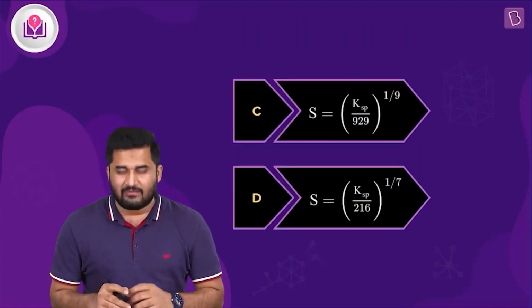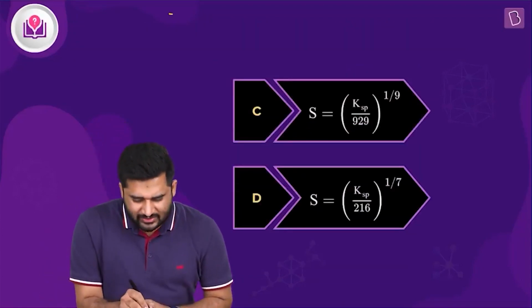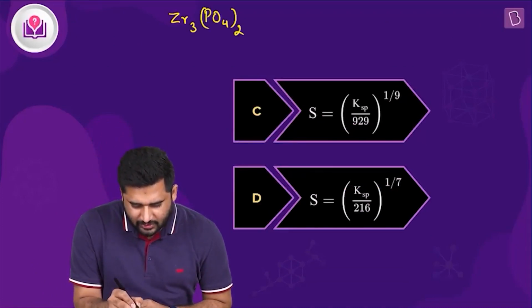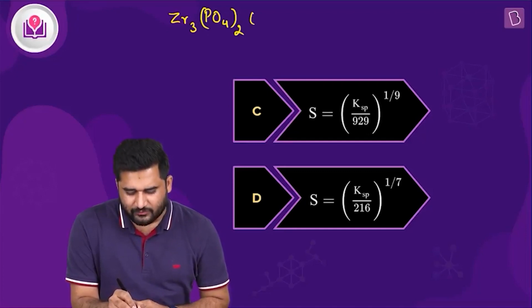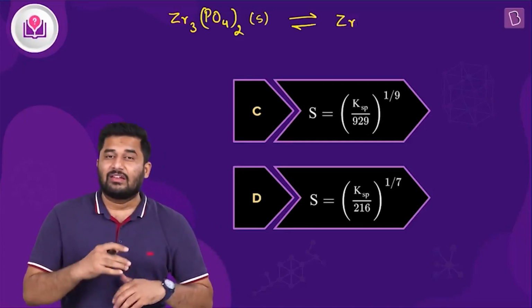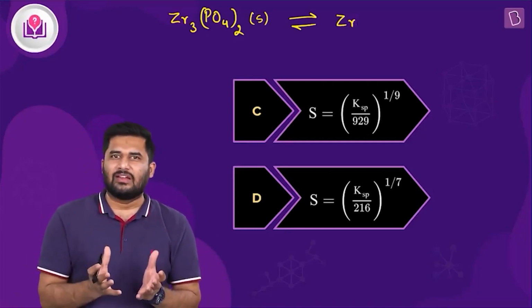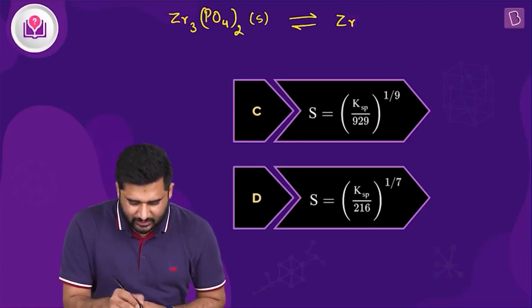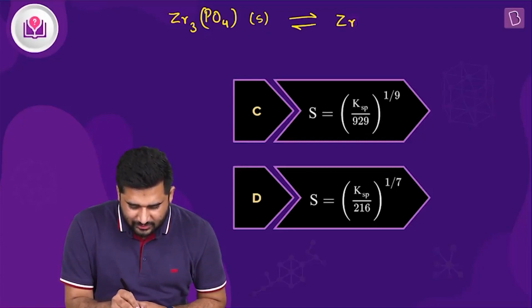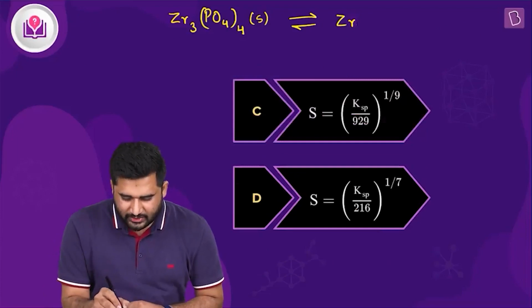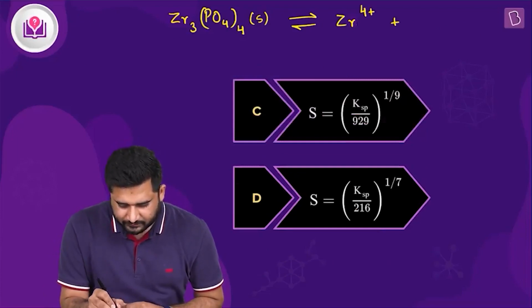So now you can see here we have a sparingly soluble salt, which is zirconium phosphate. What is happening here is this salt, which is sparingly soluble, when it dissolves in, let's say, aqueous medium, then it ionizes to give you Zr, let me correct this, it has to be Zr 4 plus, and PO4 3 minus.